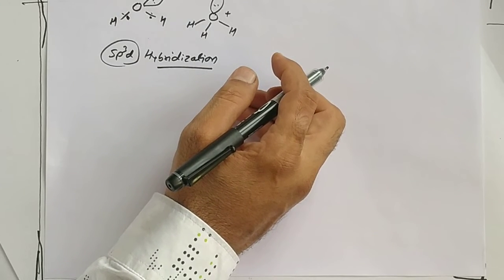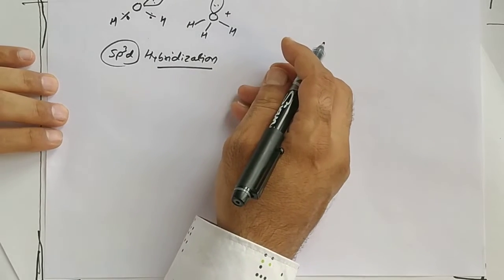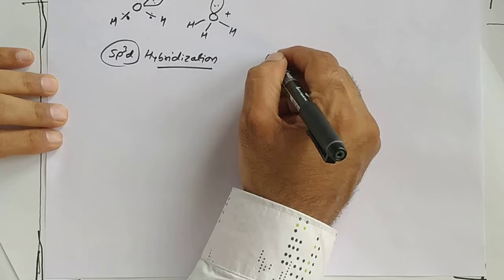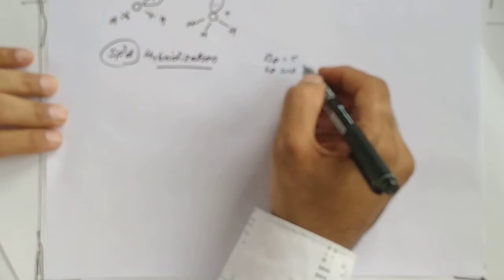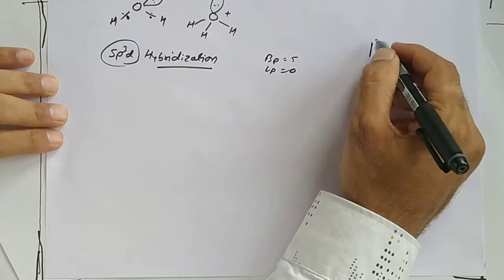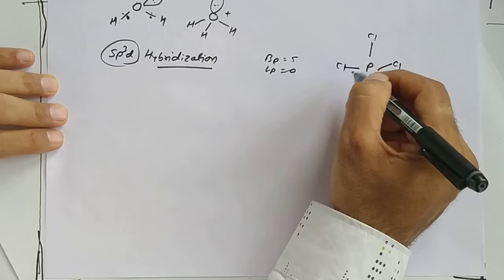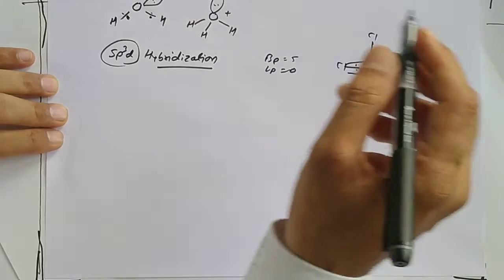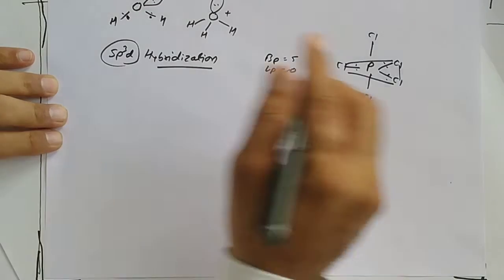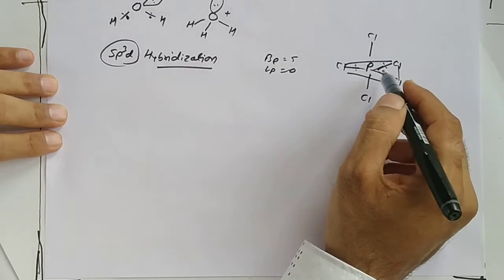So in this case, PCl5 is one of the examples. Bonding pairs are 5, lone pair 0. So the geometrical shape we discussed here is trigonal bipyramidal. Bond angle on equatorial is 120, on axial 90.